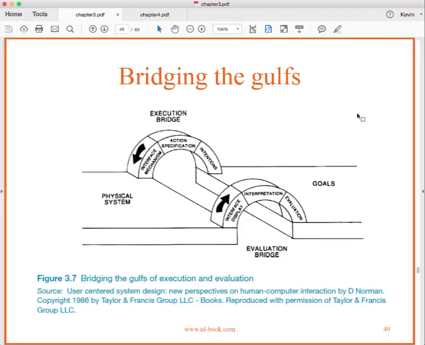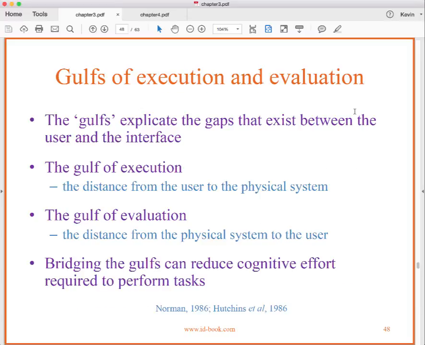And so in the difficulty here, you have to think about the total round trip. Okay? So the evaluation bridge is the gulf of evaluation, and the execution bridge is the gulf of execution. And of course, to get the entire job done, you have to bridge both gulfs. Okay?